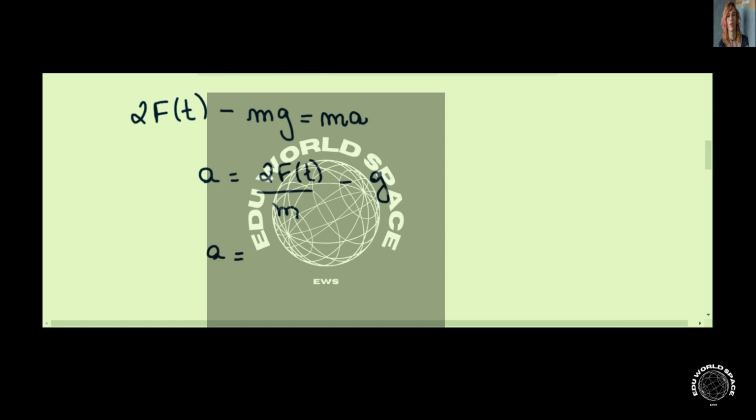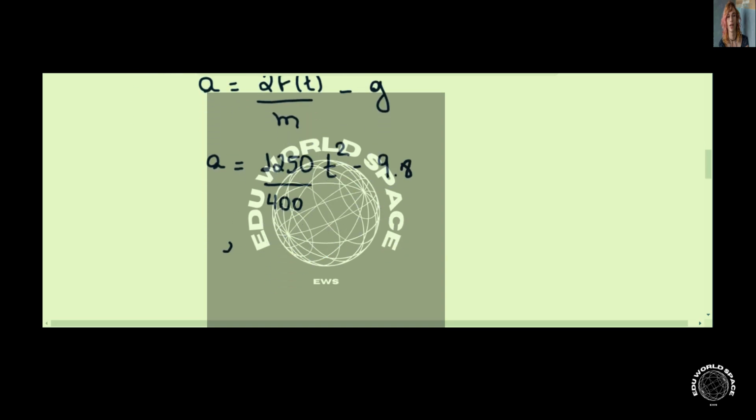Now explicitly, this is 2 times 625, so it's 1250 divided by 400 t squared minus 9.8. This is all in the metric system, so I'm not gonna bother about units. So I have 25 divided by 8 t squared minus 9.8.